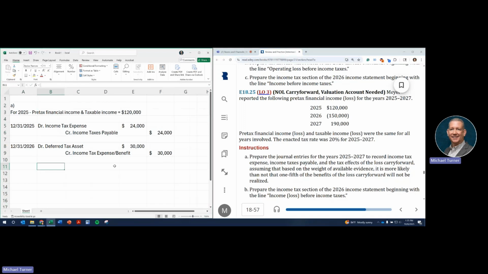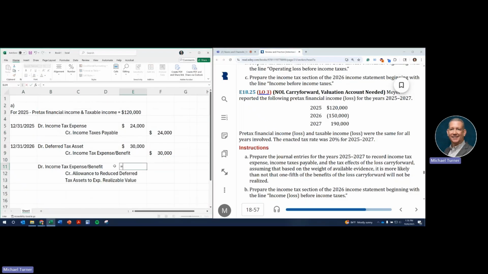So also at December 31st, 2026, we will debit the income tax expense benefit account again, and we will credit an allowance. It's a long account name, but basically it's your valuation allowance. So we debit the income tax expense benefit, the same account as above that we used, and then we'll credit the allowance that reduces the deferred tax asset to net realizable value.